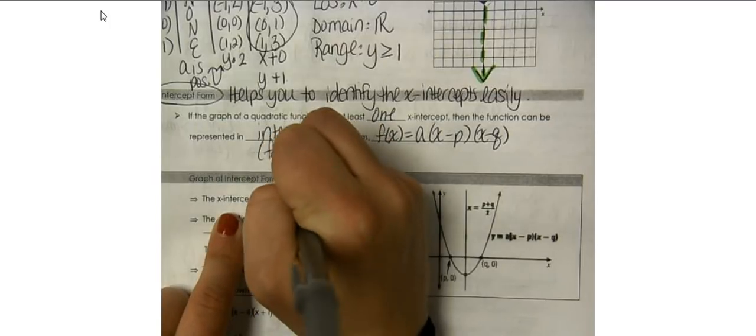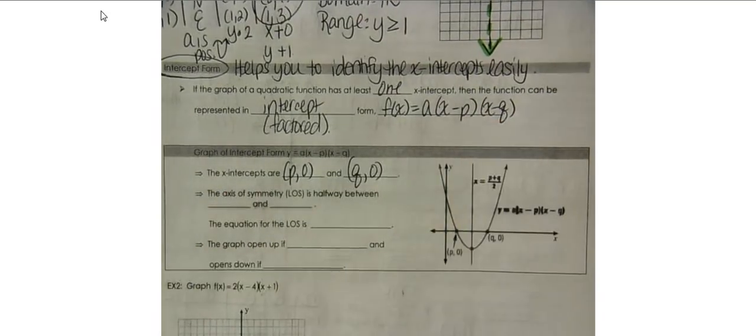P and Q represent different things. The x-intercepts are going to be (p, 0) and (q, 0). They represent your x-intercepts. It's where you let each parenthesis equal 0 and then you solve for it. Or it's the opposite of what you see inside. So whenever you see parentheses, always think opposite of what you see.